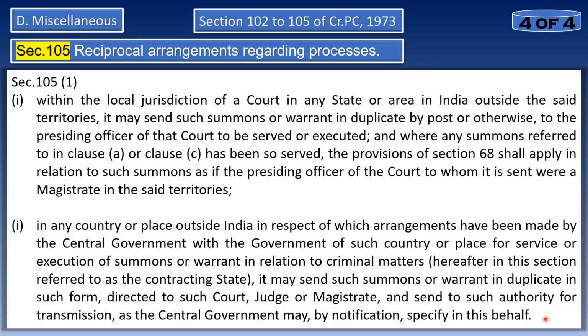Well, it can be done if the country is a contracting country with India, which means India and that country where it has to be served had already made an arrangement for such things to be done. We have such a relationship with that country. So the court can send a warrant or a summons as required to that country, to such authorities, court, judge, magistrate, as the case may be.